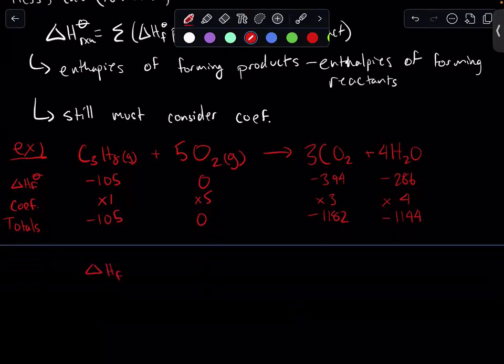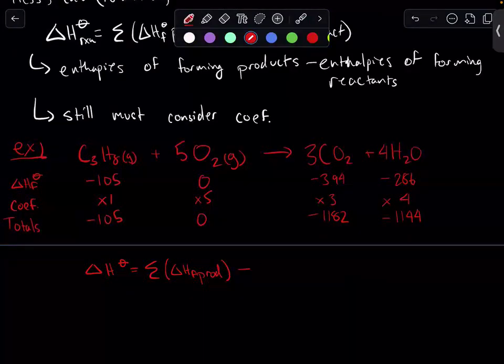Delta HF is going to be equal to the sum of the delta HF products. Oops, sorry, and I made a mistake. We're looking at combustion. Delta HF products minus the sum of the delta HF reactants. So we'll plug these in.